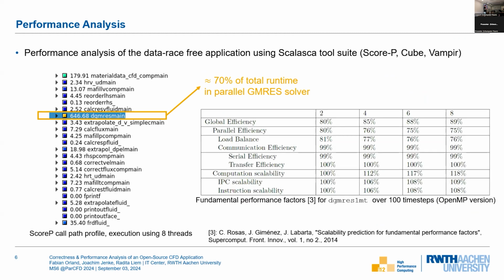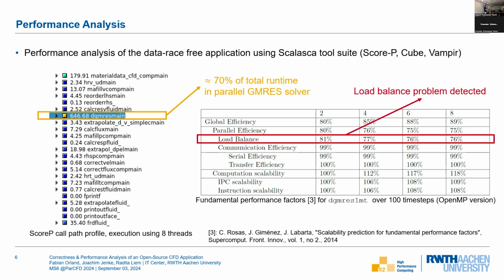And what we additionally did is calculate some fundamental performance factors, which I cannot go into much detail about here. But what these factors told us is related to the load balance. And it showed us that the code seems to have load balancing issues between the individual threads.